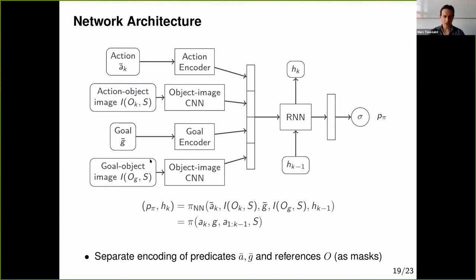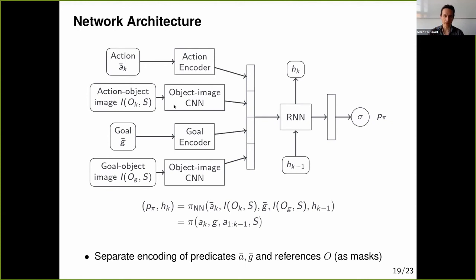An important thing is how we encode the goal and the scene. The scene itself is just encoded by the depth image, or the direct image. The goal is a first order predicate, and so we separate the encoding of the predicate itself from the objects it refers to. The objects it refers to are represented as image masks, so the object references are given as input as an image.